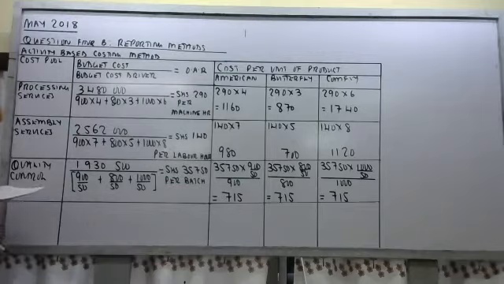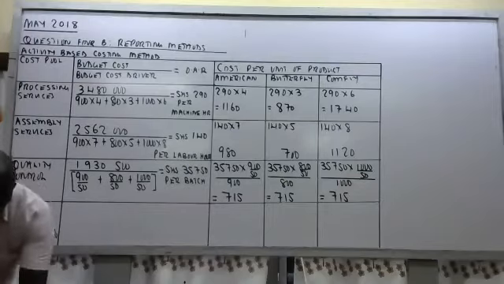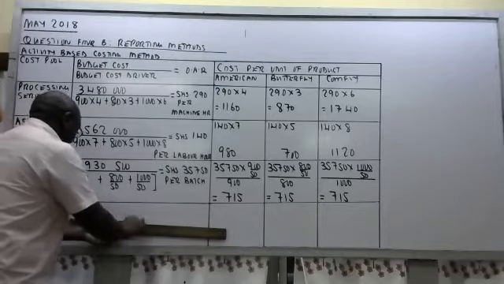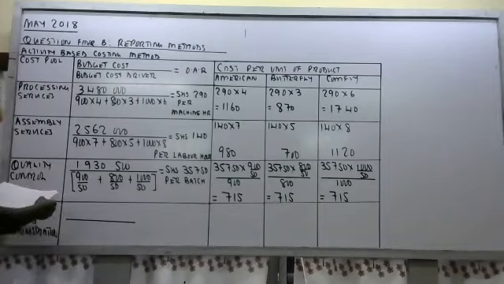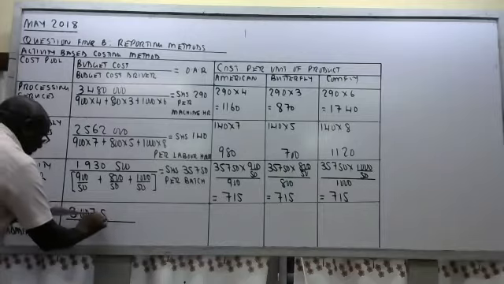Okay. The next one is called selling and administration. For selling and administration, the amount is 3,007,500.